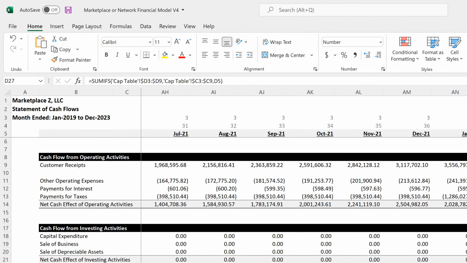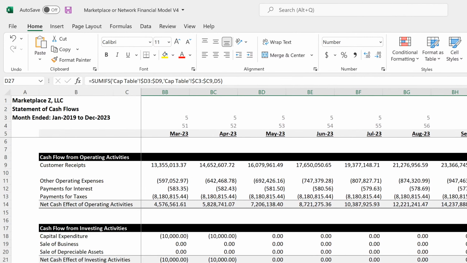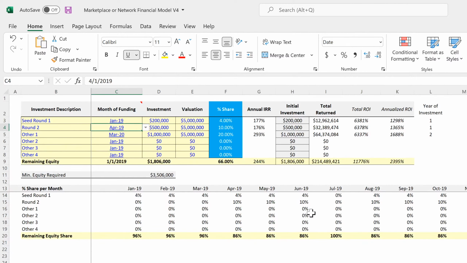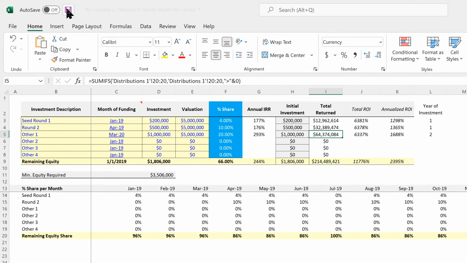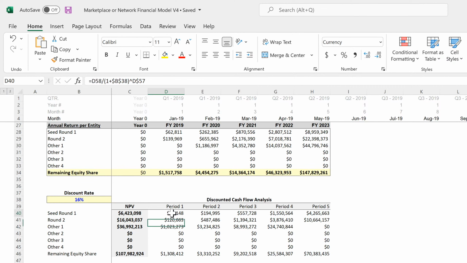Okay. Now this is going to be tricky with the distributions, because this is not our traditional cap table. So the good news is on this cap table, we do have some distributions here. I'm just thinking about how we're going to reconcile that or do a check on it. Well, I guess we can still have this okay, so basically the distributions tab is just more granular than we normally see, but it does still have the discounted cash flow analysis.